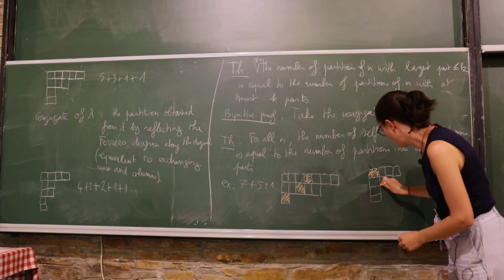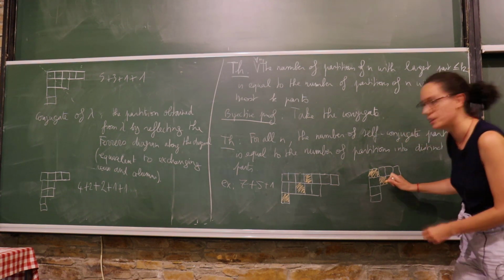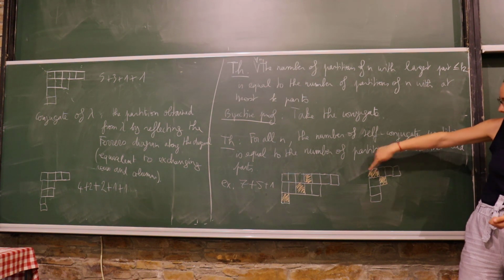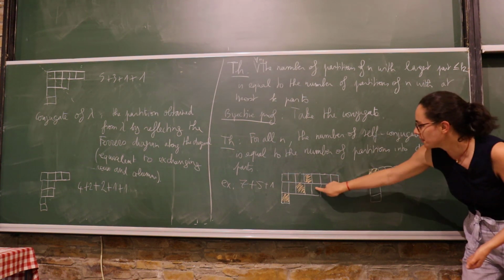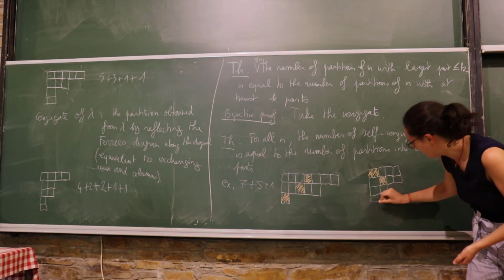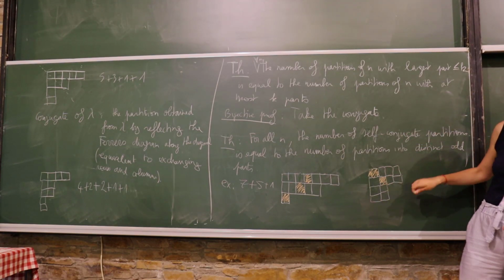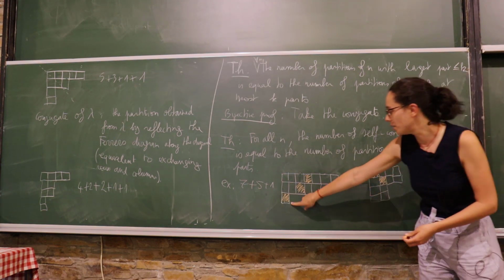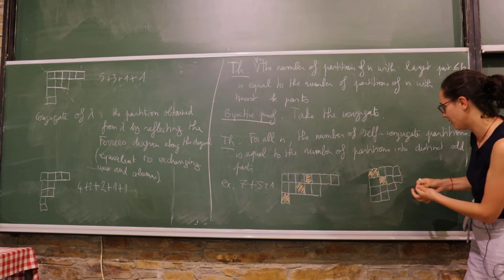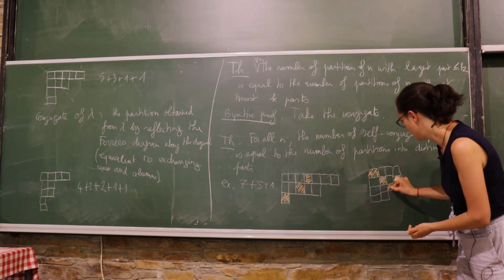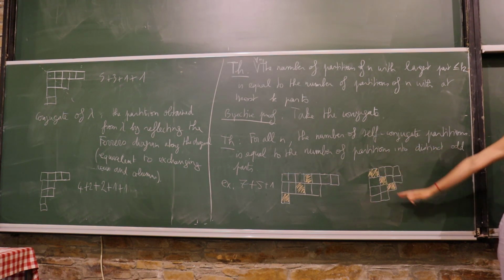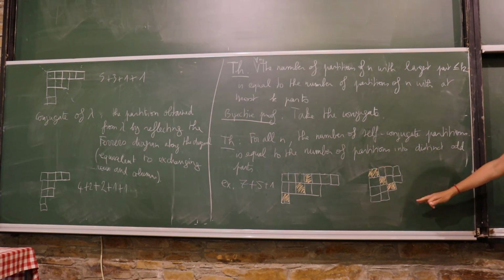We do it along the diagonal. We always place the red boxes on the diagonal, and we place those boxes to the right and below. Here we place the number 5, and we end up with the last one, the number 1, which was just a single box. Okay, and the partition we obtain has a property.